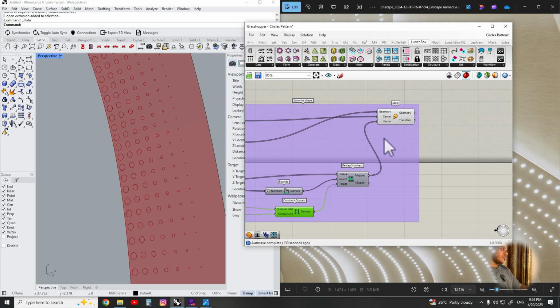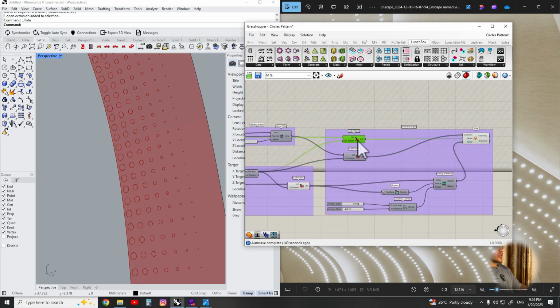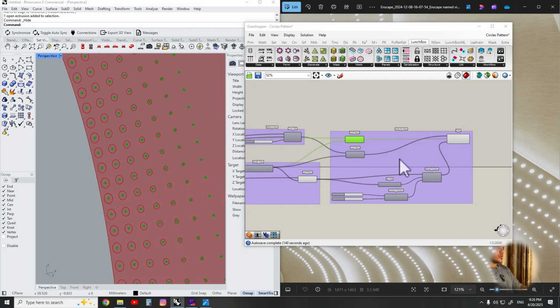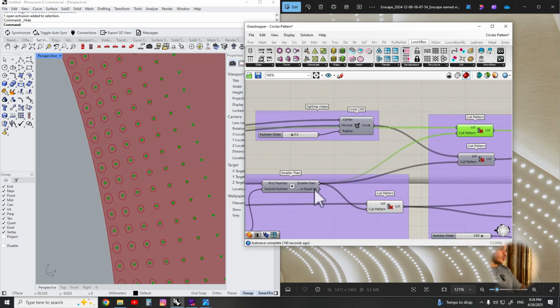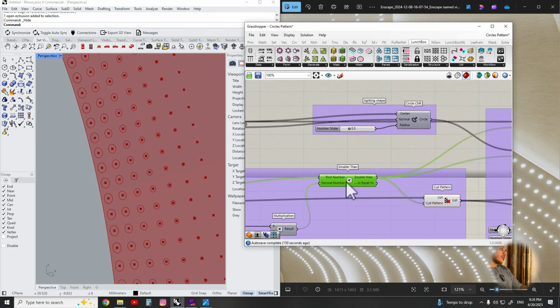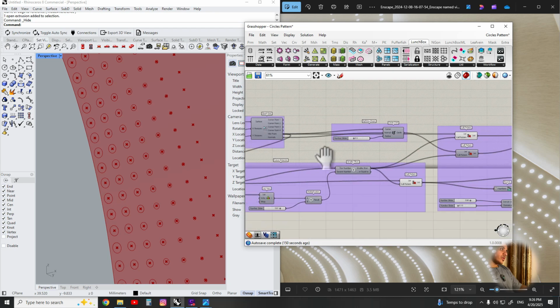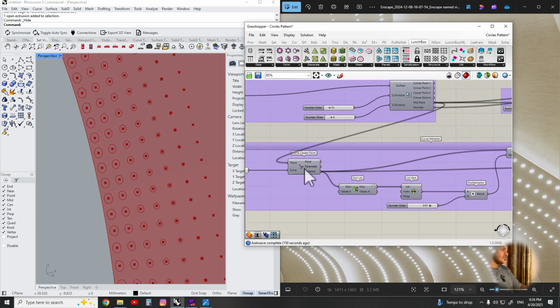Then connect the map to the factor. Cull Pattern takes the list that we get from the Smaller Than component that we cleaned out from the closest point.